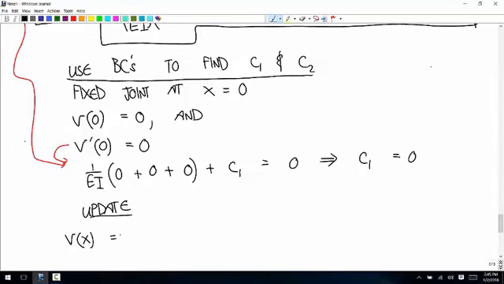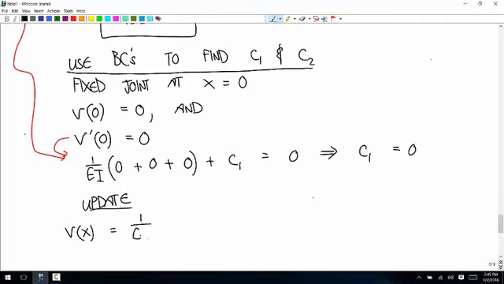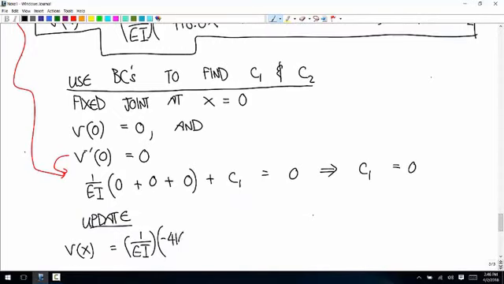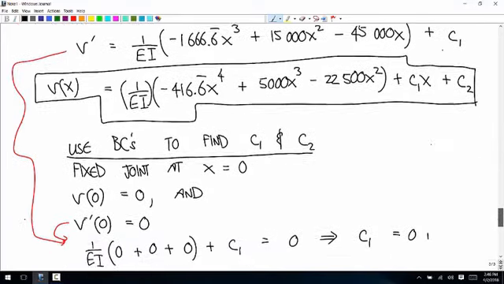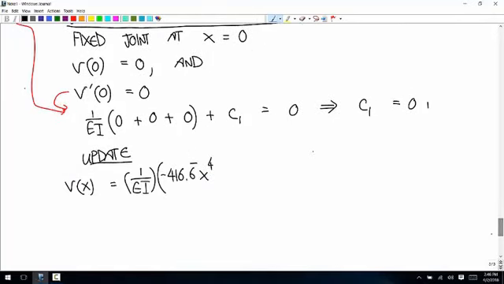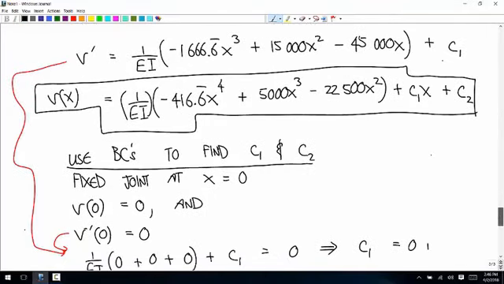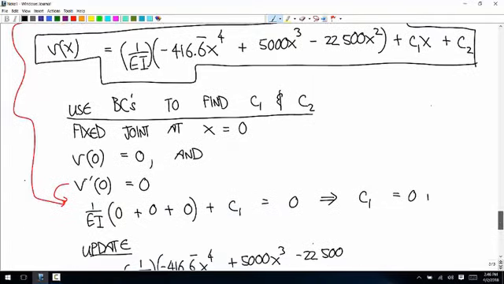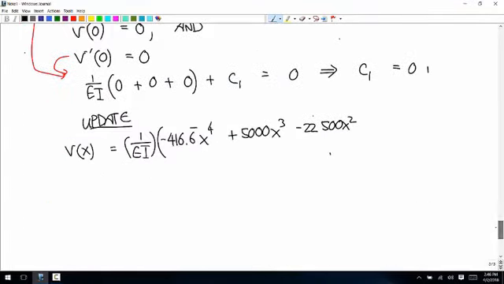So v of x is equal to 1 over EI times the quantity, negative 416.6 repeating times x to the fourth, plus 5,000 x cubed, minus 22,500 times x squared, plus 0 plus C2.